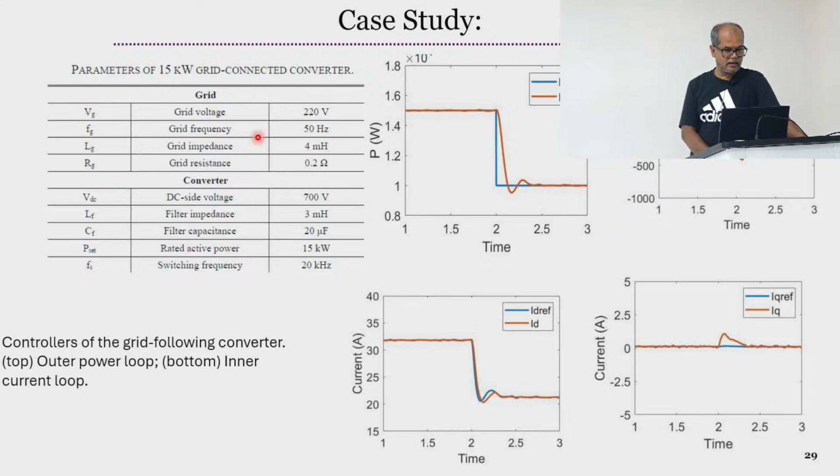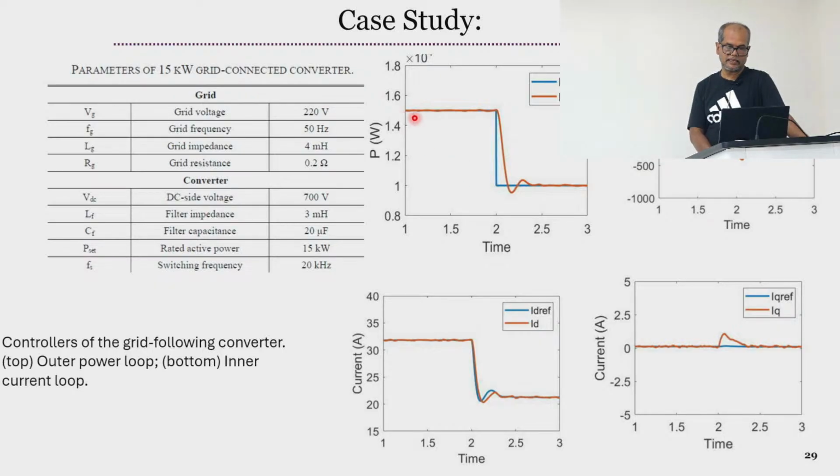Here the capacity of the converter is 15 kilowatt. Sorry, here we have got 10 to the power 4, so it's 15 at this point. What we are doing here is suddenly changing the reference power.